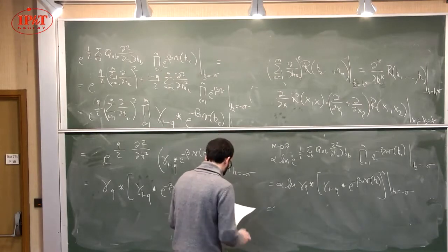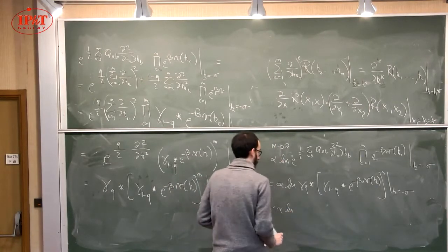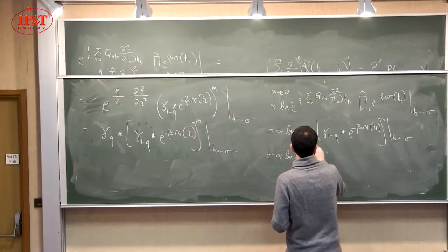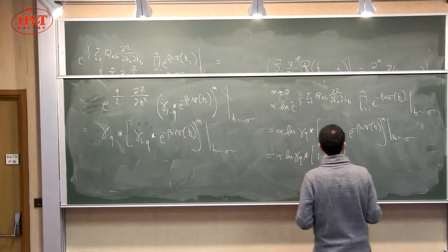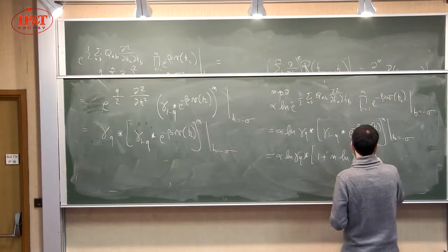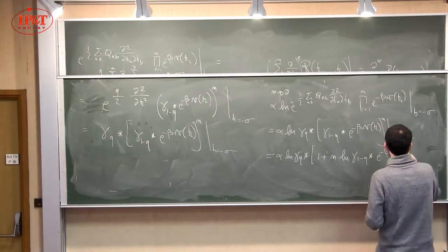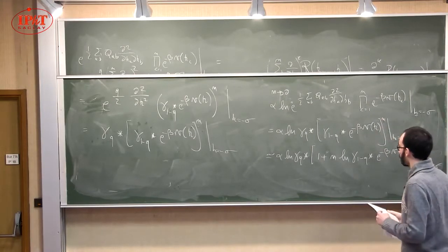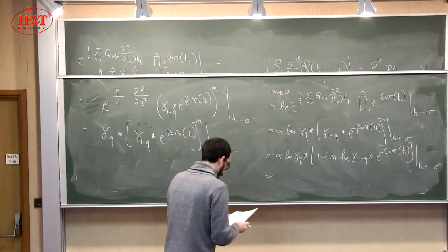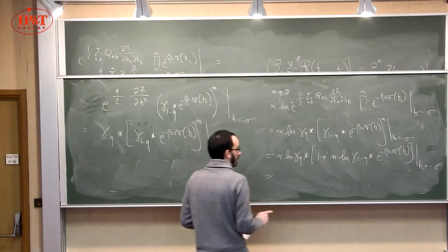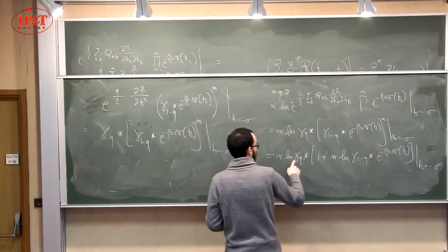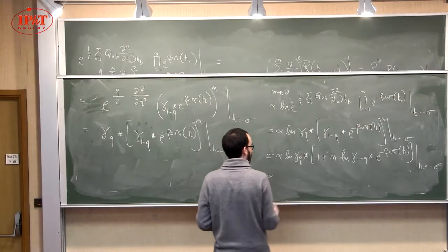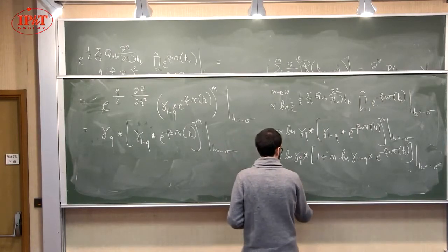And now I just expanded for small n. And now this is small, so gamma of Q convoluted with 1 is just 1, because it's the integral of a Gaussian. And so this just gives alpha n.